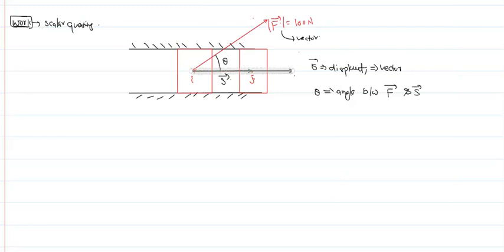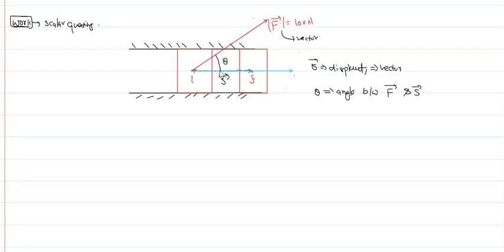What is the component of this force along this direction? Can anyone tell me? Yesterday I taught you how to resolve the component. See, this vector makes an angle with this line.